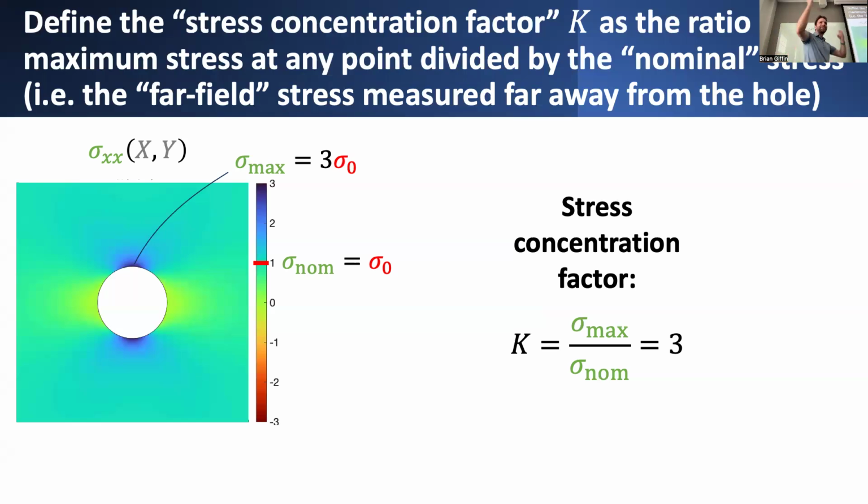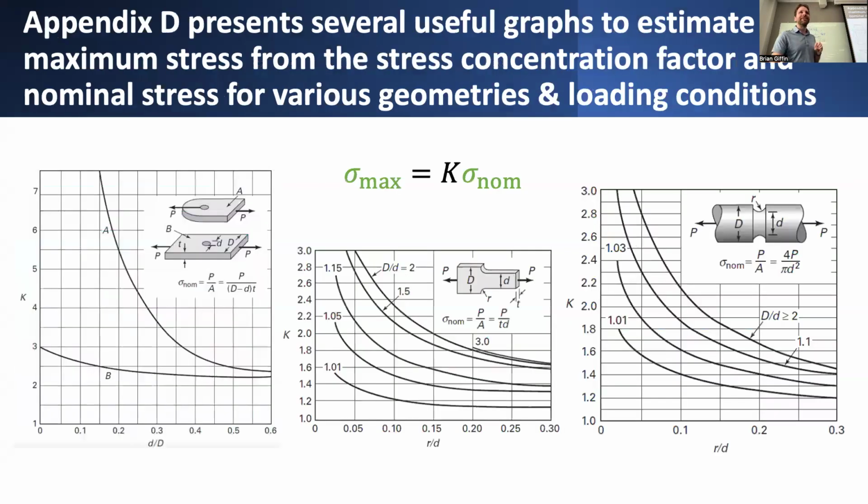And maybe they even plotted or parameterized it in terms of other geometric features. If you as an engineer just wanted to know how much bigger the stress is going to be here, all you need to know is the stress concentration factor. Everything else is kind of irrelevant. So people have done this. People have come up with these charts for different types of geometries and different types of loading.